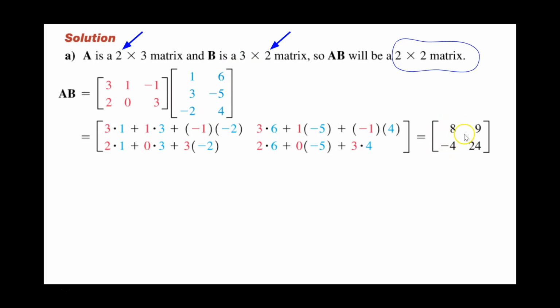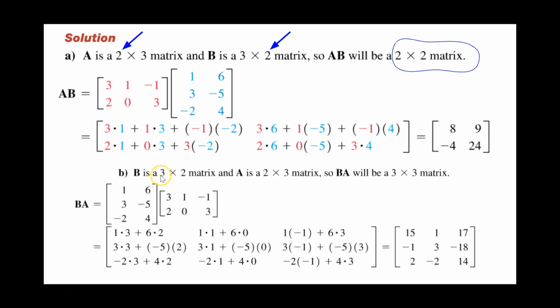How did it come back to be a 2x2? Look at the front numbers, the 2 and the 2. That's what makes your answer's matrix size. It'll happen like that every single time. So long as these match, you're allowed to multiply, and the beginning and end numbers make your new matrix, a 2 by 2.